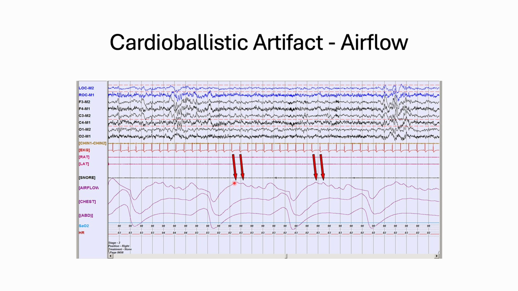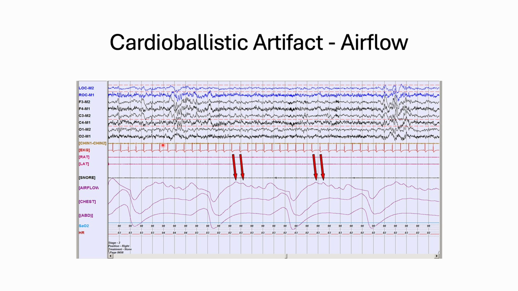This is the CPAP airflow, and you see these little dip, dip, dip, dip. That is cardioballistic airflow, or artifact. That's when the heartbeat is showing up physically through the CPAP flow, because the mask might be on too tight. That's not necessarily a bad thing, as long as the patient is comfortable.